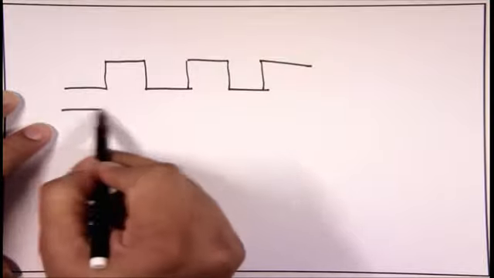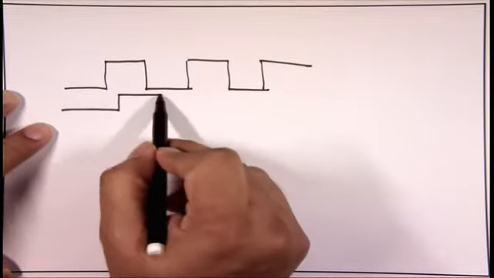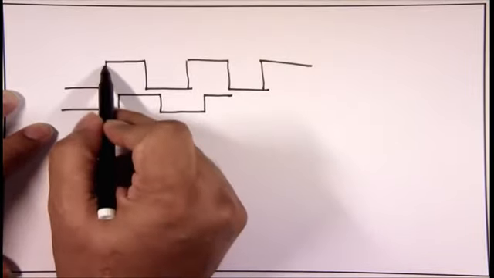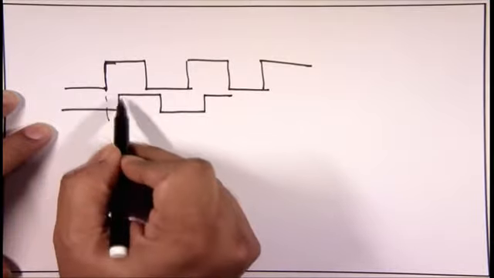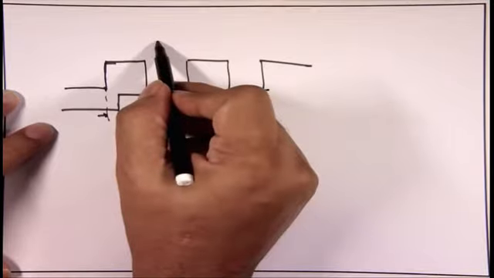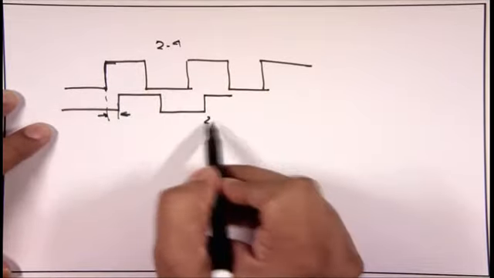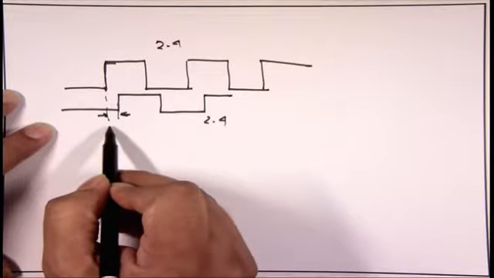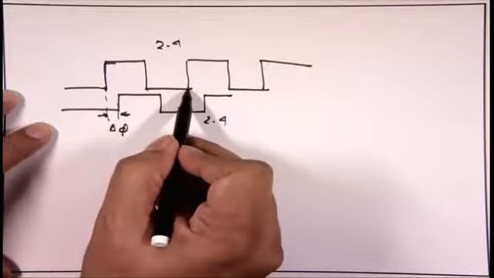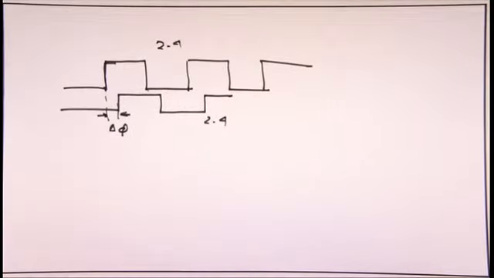And another signal is a little leading, like that. So what is happening? This is delayed by this amount. Both are at the same frequency, 2.4, this is also 2.4, but this is delayed by a phase delta phi. Clear? This is 0, this is pi, this is 2 pi. So delta phi is the difference. Now this delta phi has to be made 0 for a phase lock-in condition.